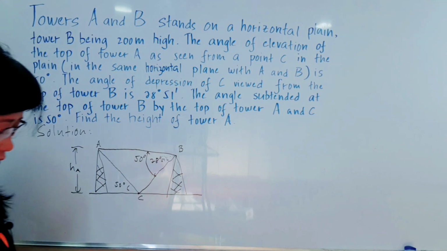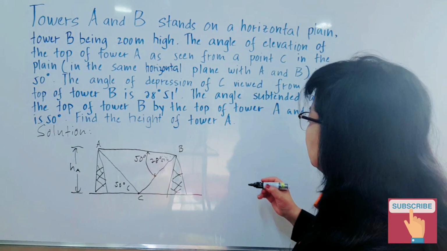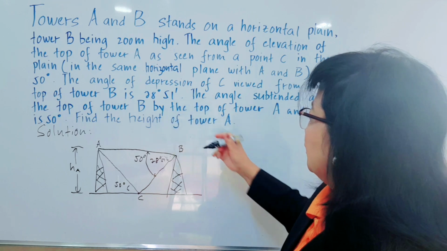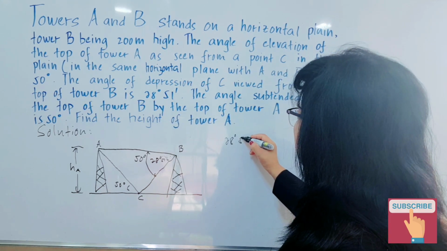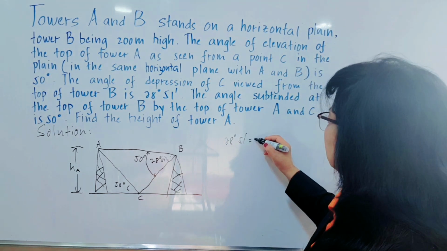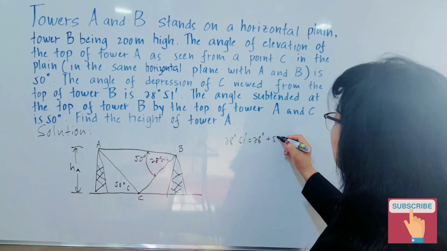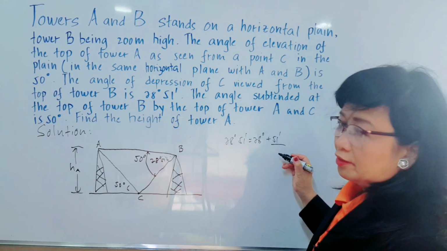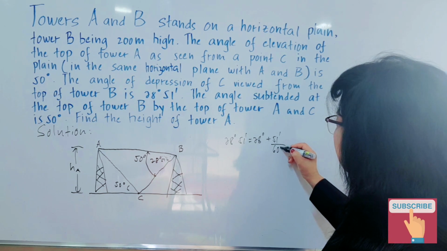So, how to solve this one? First, we have to change this 28 degrees and 51 minutes. It can be converted by dividing 51 minutes by 60, because in 1 degree there are 60 minutes.